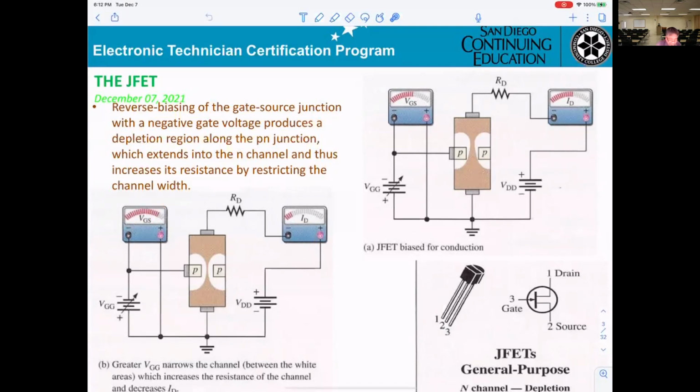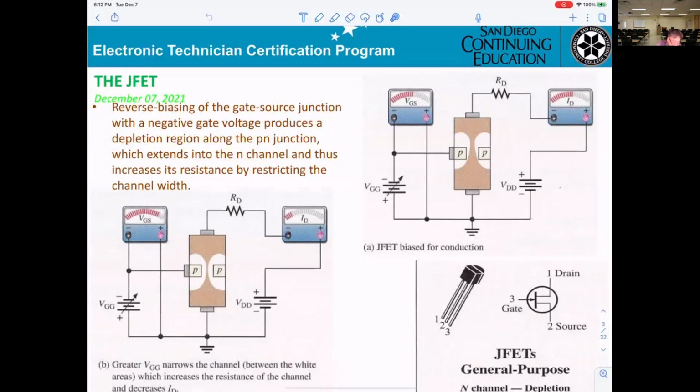Then you're looking at the current ID, the drain current. And now you understand this is a channel right here, from the drain to the source.